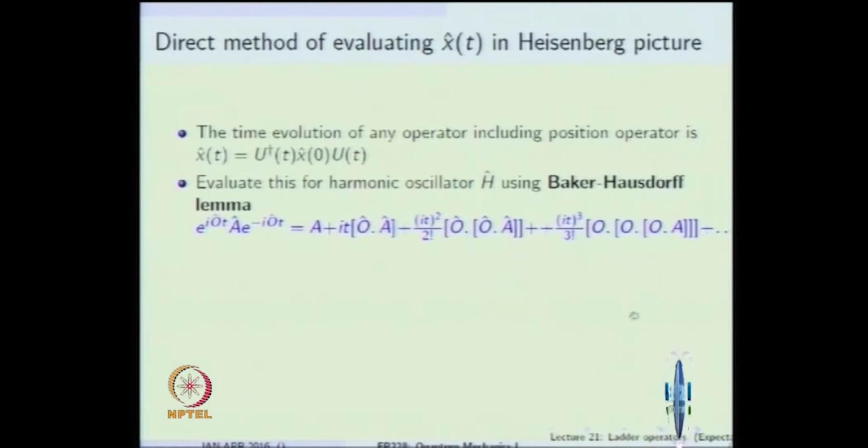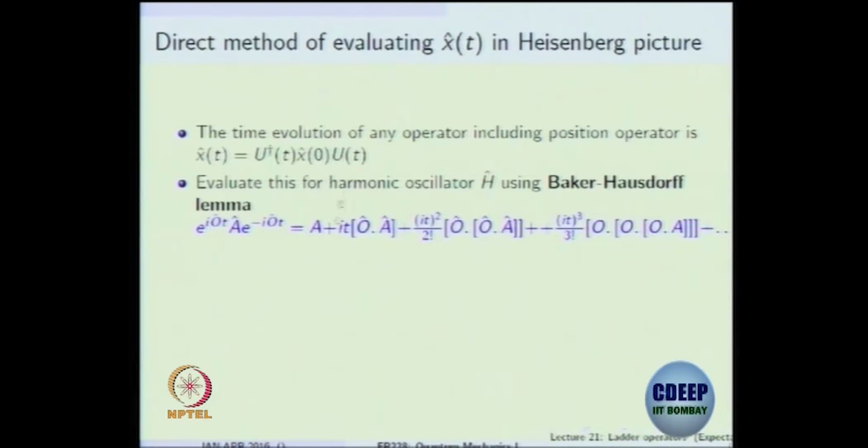Cos omega t is 1 minus (omega t) whole squared by 2 factorial plus (omega t) whole power 4 by 4 factorial, and so on. Sin omega t also has this. You can rewrite the earlier slide solution in terms of that series. You can compare order by order, or looking at this series, you can infer that they can be grouped as sin omega t and cos omega t.